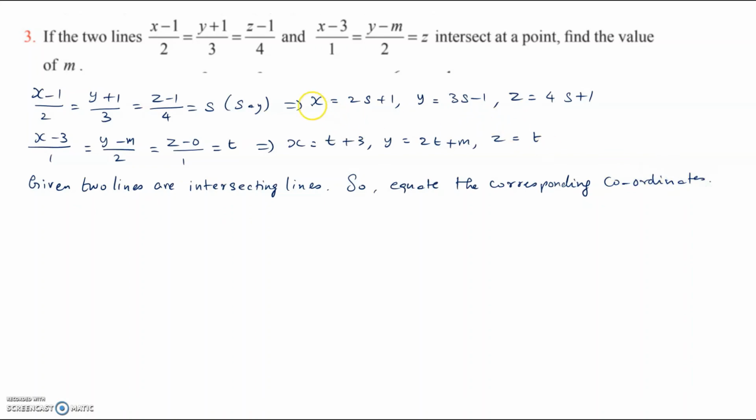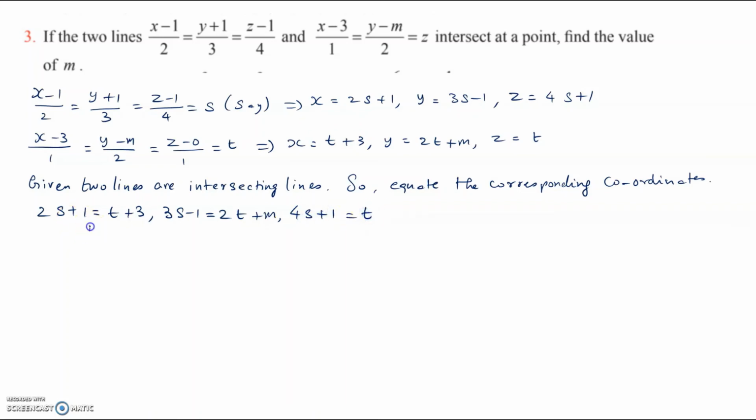The coordinates are x, y, z here and x, y, z here. So equating them, you get 2s plus 1 is equal to t plus 3, and 3s minus 1 is equal to 2t plus m, and 4s plus 1 is equal to t.